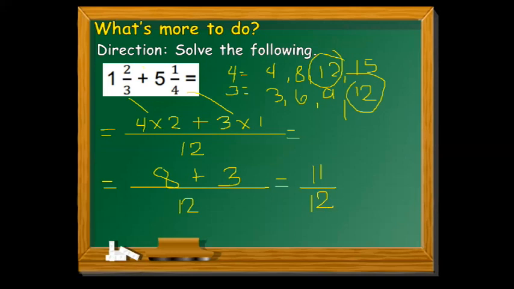And then after that, dahil may whole number siya, 5 plus 1, i-add lang natin yan, di ba? So magiging 6 and 11/12. So, ito na yung sagot niya. 6 and 11/12. Kasi, mas mababa naman yung numerator, so wala tayong ibang gagawin. So, napaka-simple lang, di ba? We will just follow this instruction lang and then, ganun lang siya kadali.